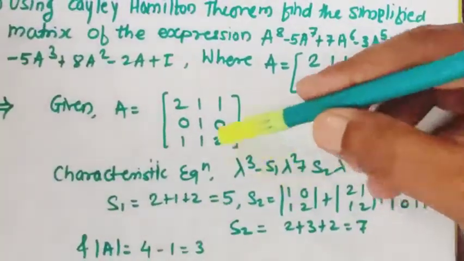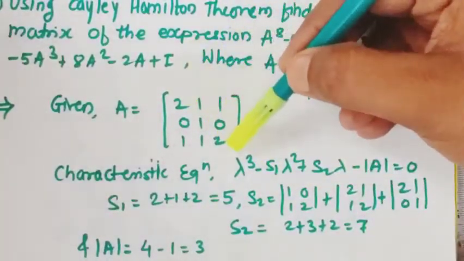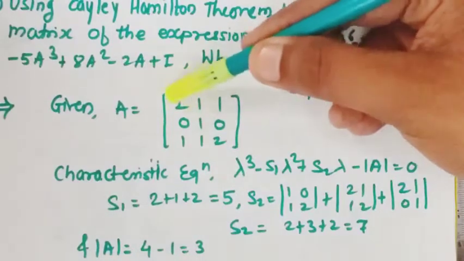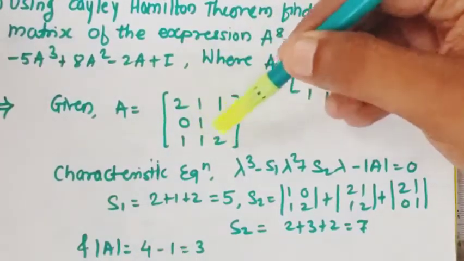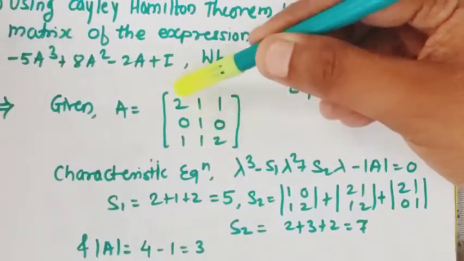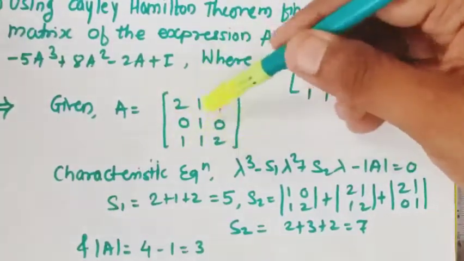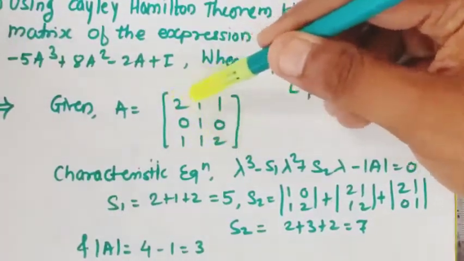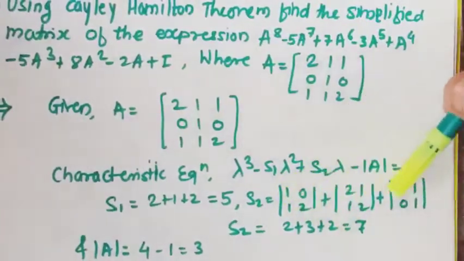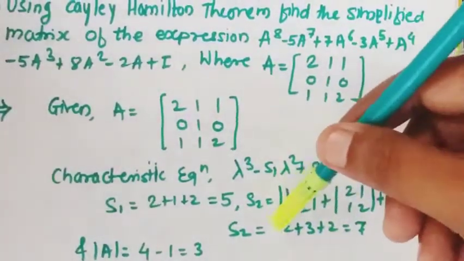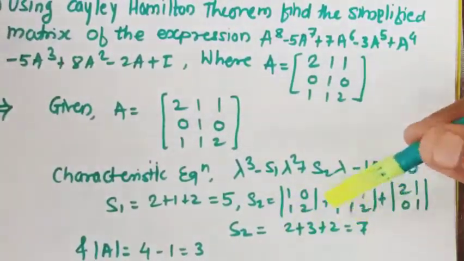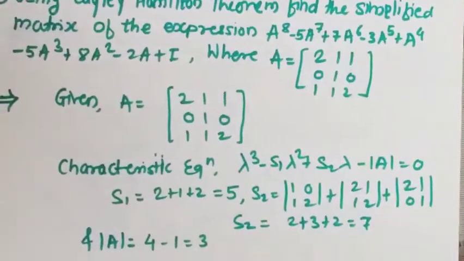and s2 is the sum of the minors of the main diagonal entries. The minor of the first diagonal entry 2 is the determinant of 1 0 1 2, the minor of the second diagonal entry is the determinant of 2 1 1 2, and the minor of the third diagonal entry is the determinant of 2 1 0 1. I have written those three determinants here. Their values are 2, 3 and 2, and their addition is 7, hence s2 is 7.